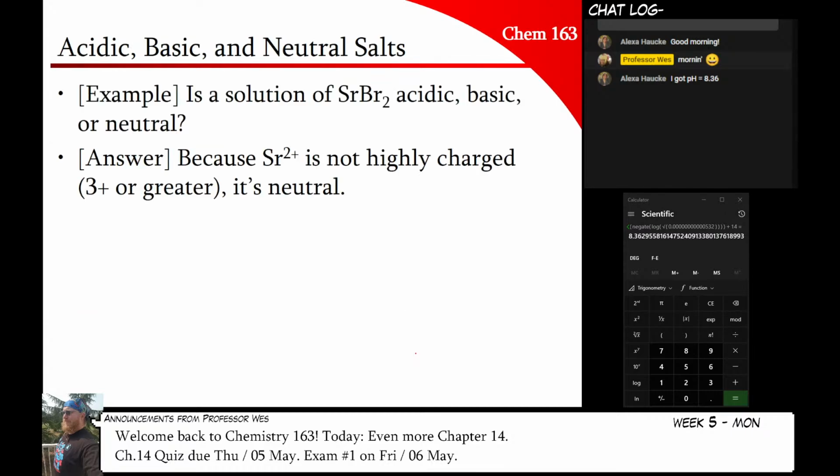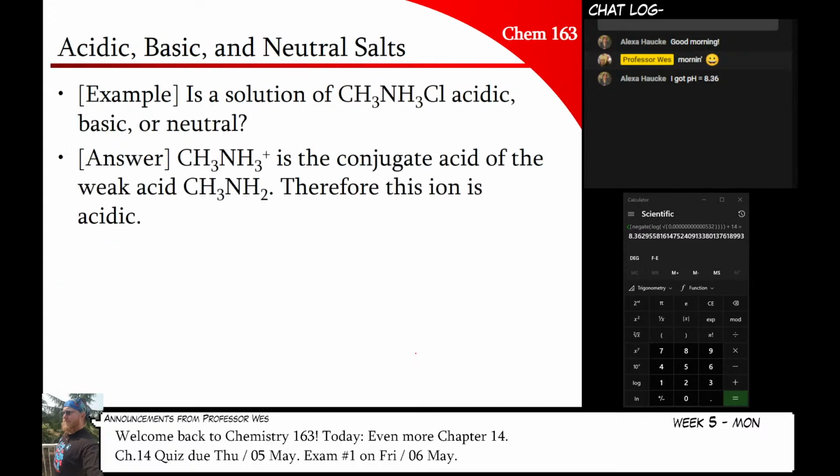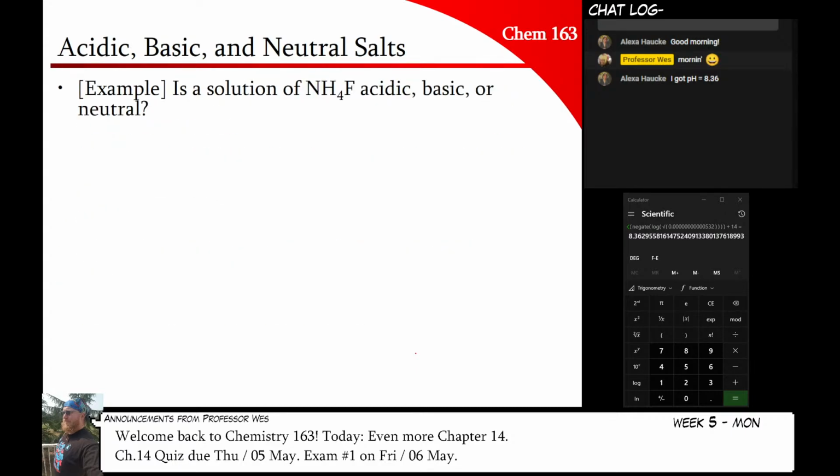So let's pick one. I don't really care about these examples because these are very straightforward. This one's the more interesting one. So let's do this. And let's determine, is this acidic, basic, or neutral? So what are my components?